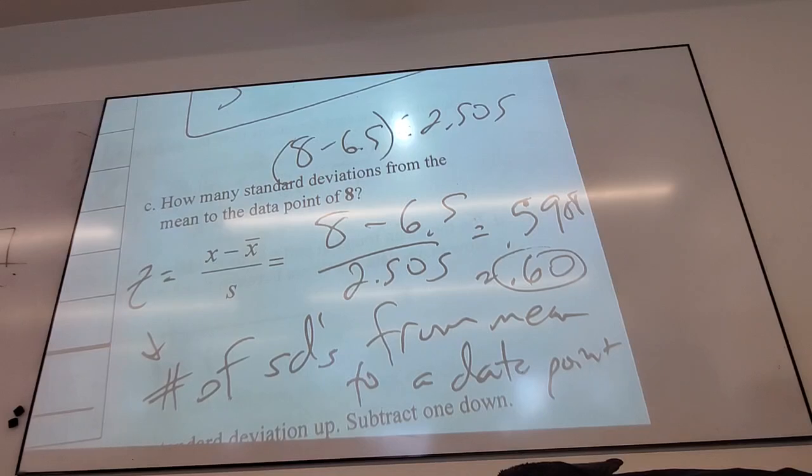Yes, that data point is 1.39 standard deviations from the mean. From the mean is fine, more specifically, below the mean. So the answer is how many standard deviations from the mean to the data point. And if I give you a specific number, you don't just say how many, you say that many.